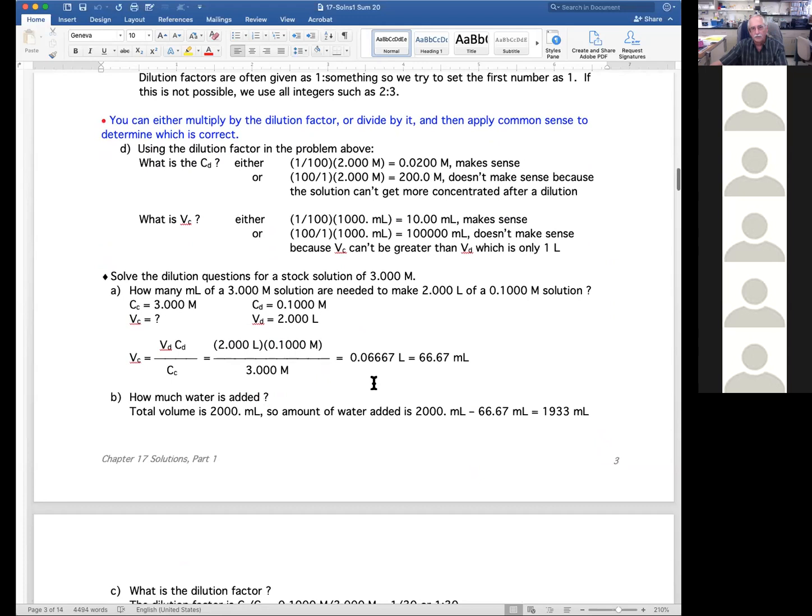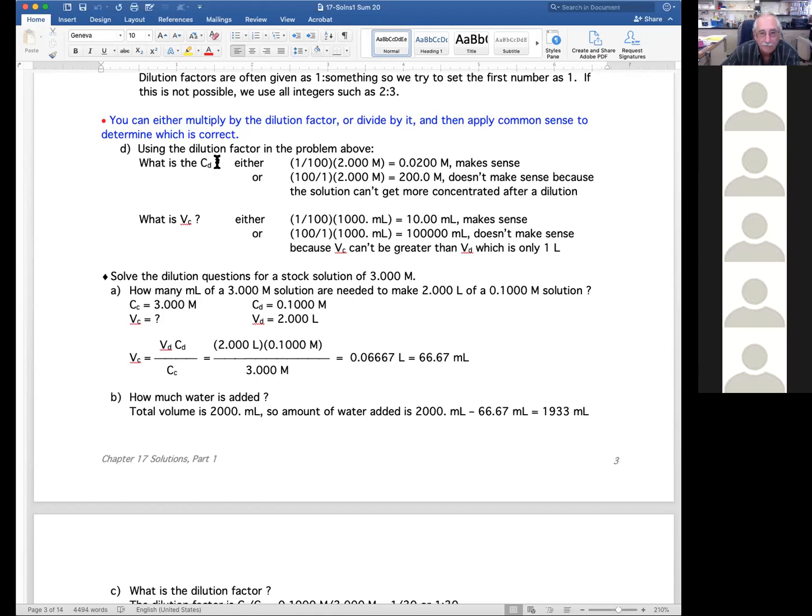So you can either multiply by the dilution factor or divide by it. There is no other choice. When you do that, one will give you a reasonable answer, and the other will not. So, using the dilution factor of 1 to 100, what is the concentration of the diluted one?